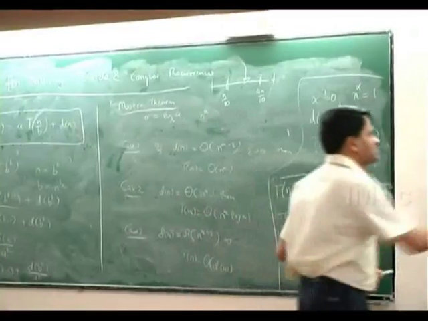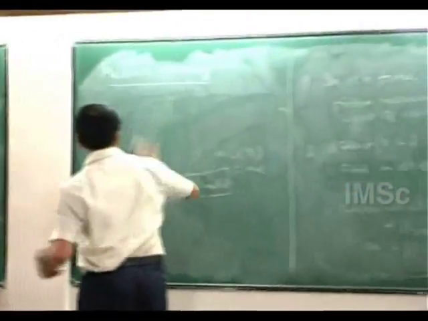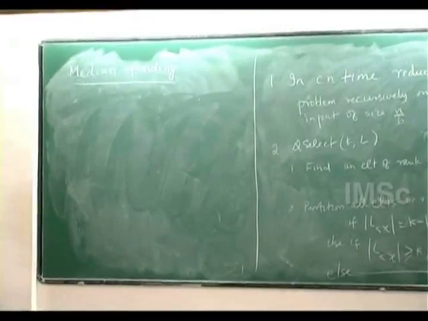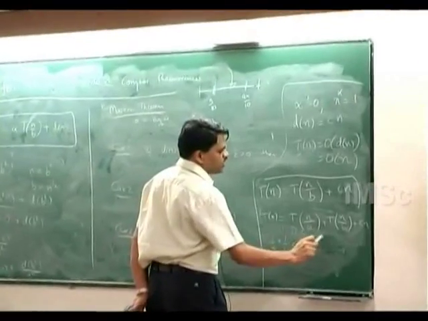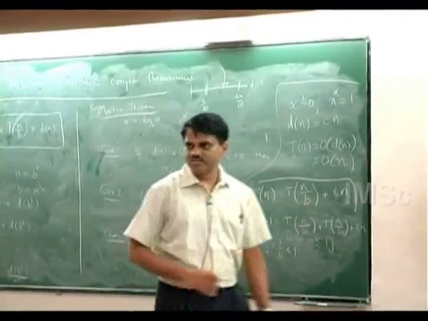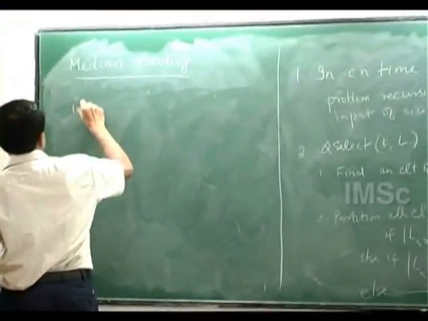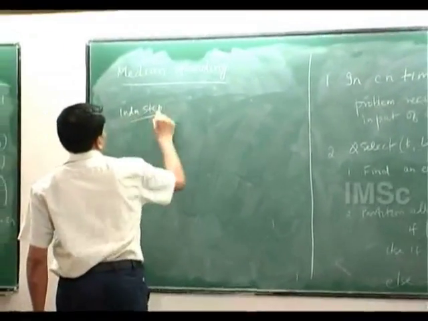Proving by induction is just easy, right? The base case would be T of n is some large constant for n less than or equal to another big constant. So for the induction step, what do I want to show?